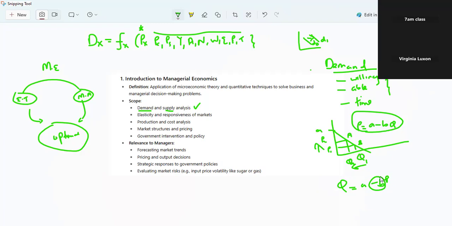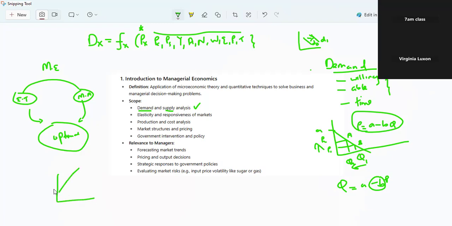Now, you cannot leave an economics exam without a curve. So you need to understand these curves and how to sketch them. Whereas demand has its own law, supply also has its own law. Supply is upsloping.